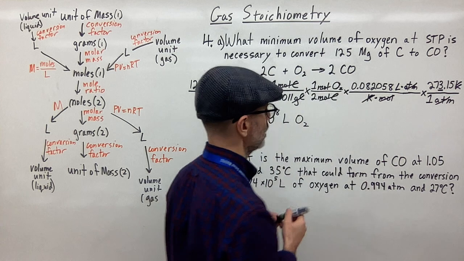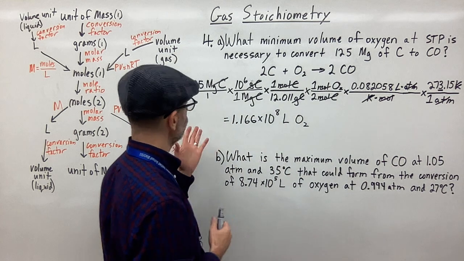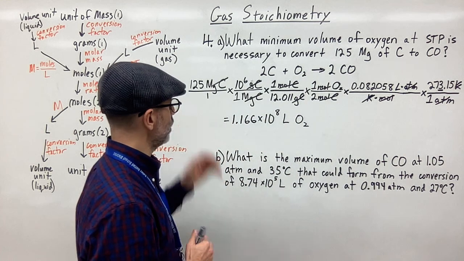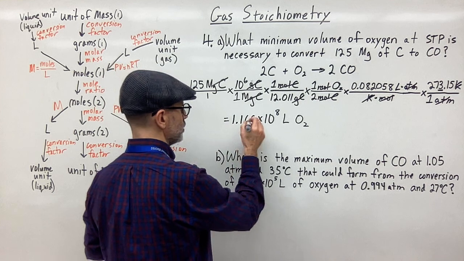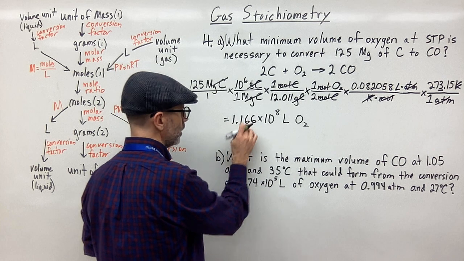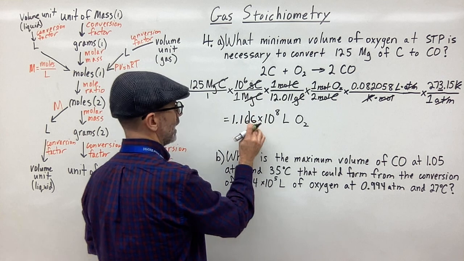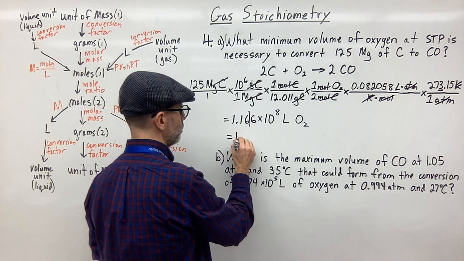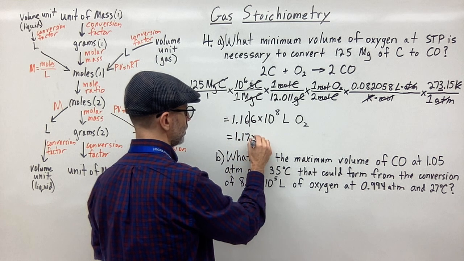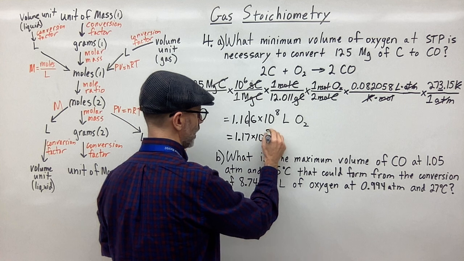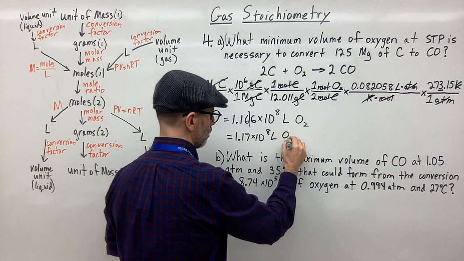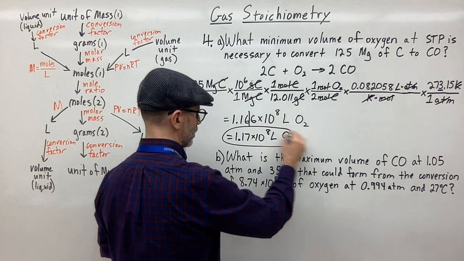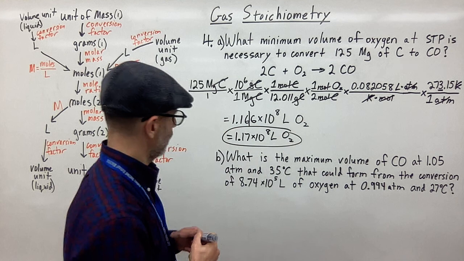So that has 3 sig figs. So the least number of sig figs is 3. We would have to limit this to 3. So we would cut off 1, 2, and 3. Cut off there. That's a 6, so we got to round that to a 7. So that's going to be 1.17 times 10 to the 8 liters of oxygen. And so that's the answer to part A.